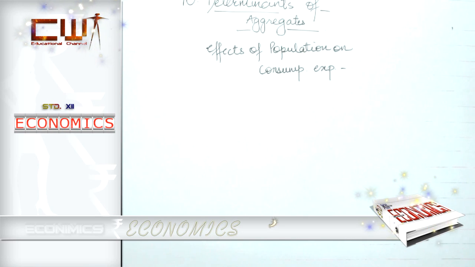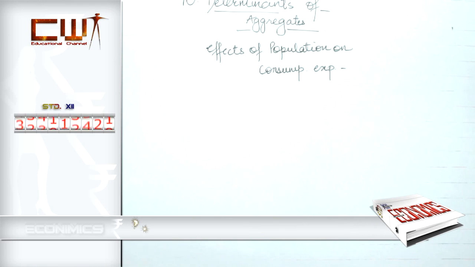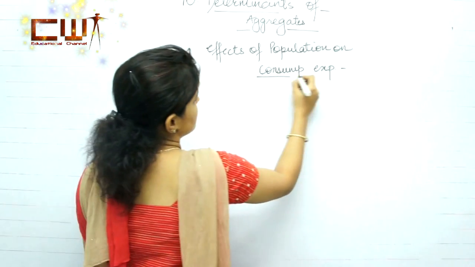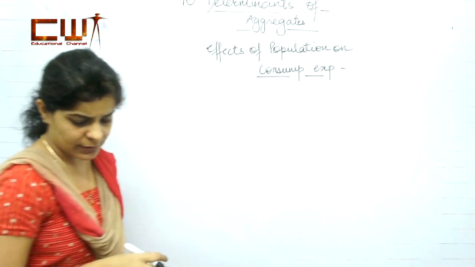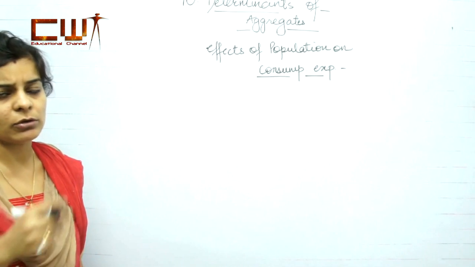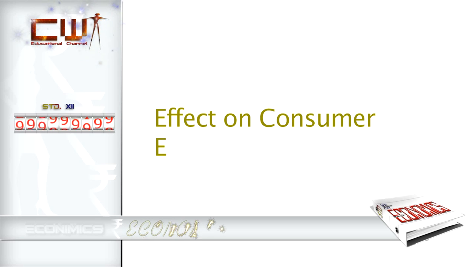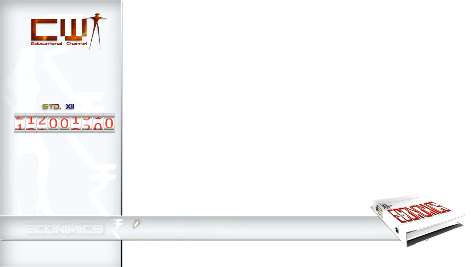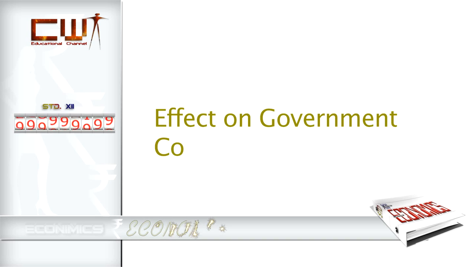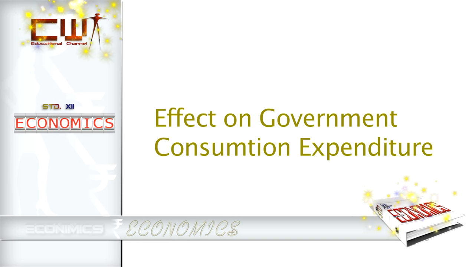So we will study only the effect of population on consumer and government expenditure. Government also undertakes consumption expenditure, so we will study the effect on consumption expenditure, and secondly the effect on government consumption expenditure.